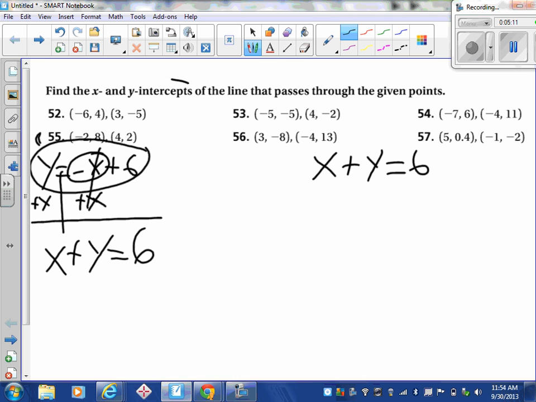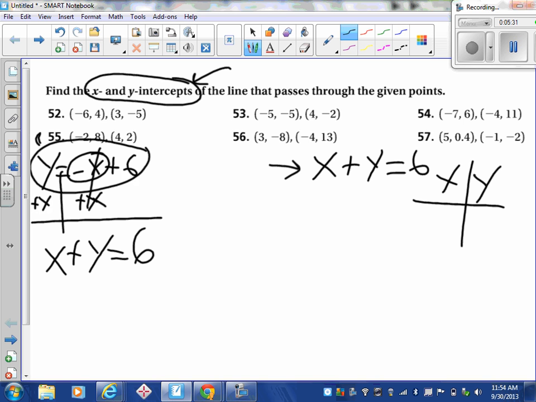Okay, now we're going to go back and answer this question. I just did a review with you guys to get you through what we've done so far. Now, this question is asking, find the x and the y intercepts. Using standard form, which we did there, whenever I want to find the x and the y intercepts, I want to use my x, y chart.